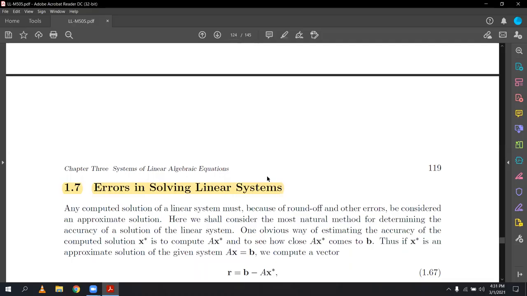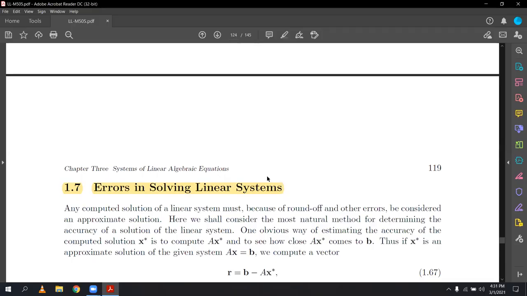With direct methods, we can have a chance to get the exact solution of the linear system, but in iterative methods we will get an approximate one. It should be a very good approximation, but it must be approximate. And when you have an approximate solution, it means error must be there.